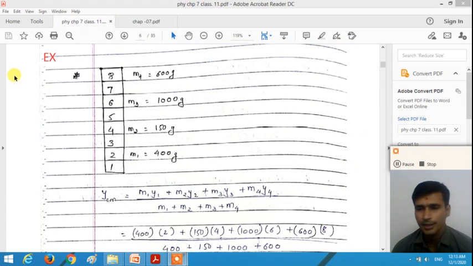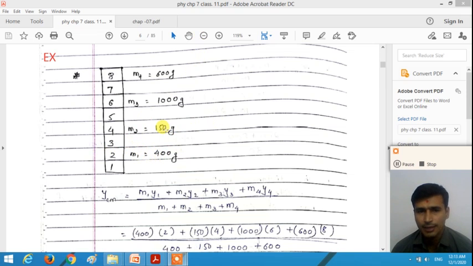So now we will take another example. From a multi-story building, four objects having different masses, 400 gram, 150 gram, 1000 gram and 600 gram, are released. At some instant of time, the object having a mass of 400 gram is at the second floor.